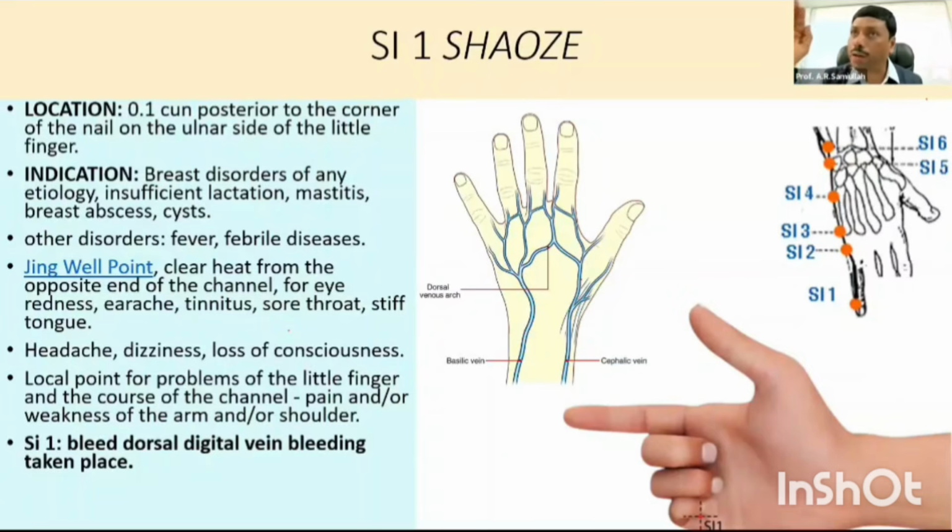We always ask the female to palpate herself, or if you are practicing, you palpate the female lady, then you try to find out whether there are some nodules existing. In that way it's very essential. If that condition is there, even for that you can use the Shaoze point, which is good. And further, only on the arm, not on the legs, only on the arm.